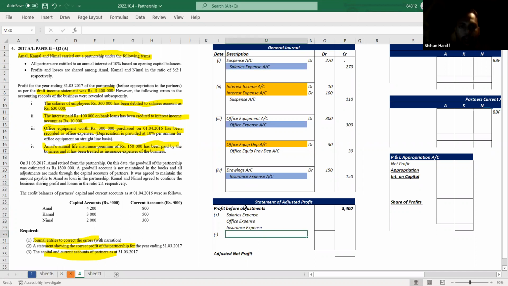And the remaining three, interest income, interest expense, office equipment depreciation, are on the debit side, therefore minus. Okay, so 270, 300, 150. Interest expense is 100, 10, 30.